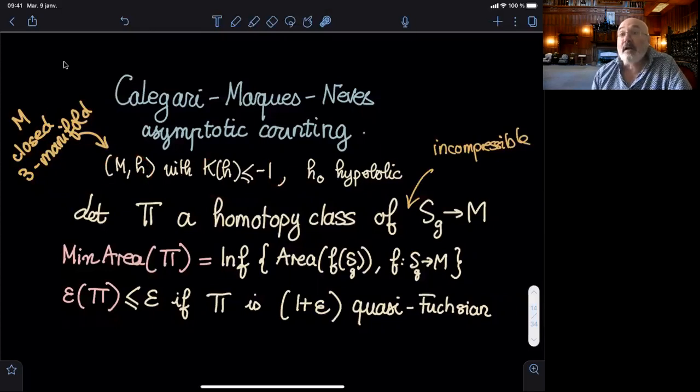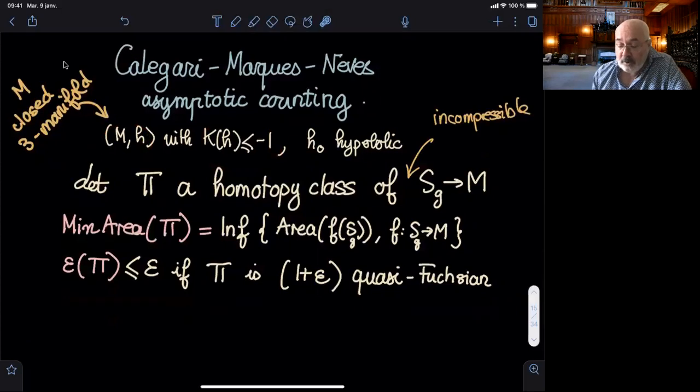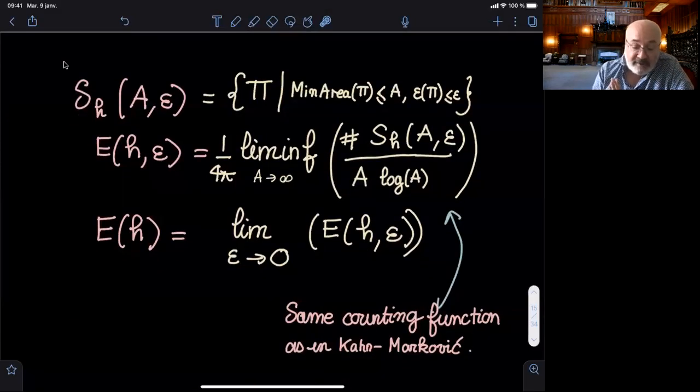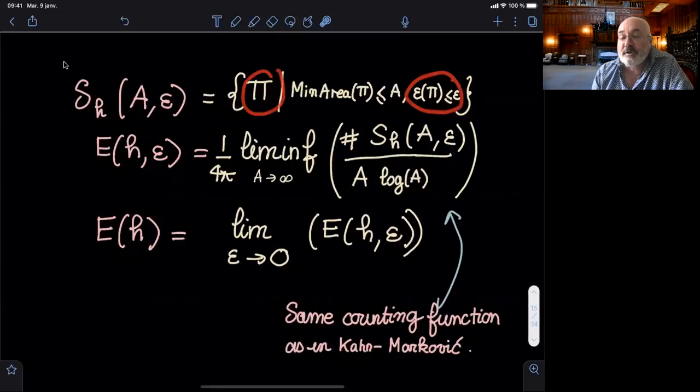So now we can start counting. So we consider the set, which depends on H, of those homotopy classes whose minimal area is less than A, and such that the boundary of the surface group corresponding to pi is 1 plus epsilon quasi-Fuchsian.